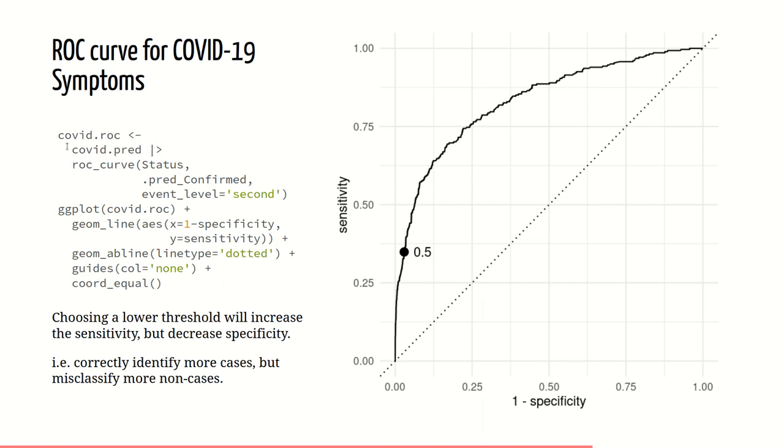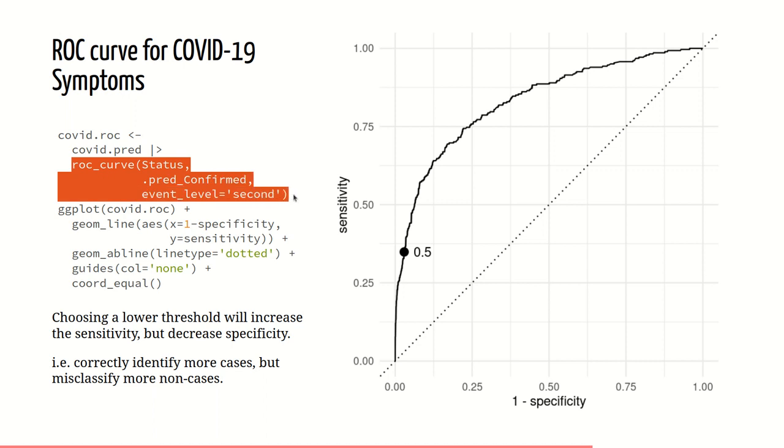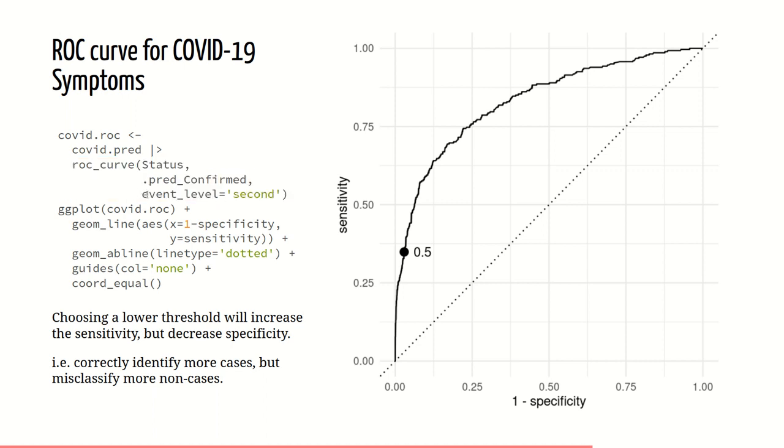We just get our predictions and we pipe it straight into ROC curve, and we have to tell it which level is the true positive, right? Which is the second category, the probability of being a confirmed case. And then we just plot 1 minus specificity versus sensitivity. So here it is here.